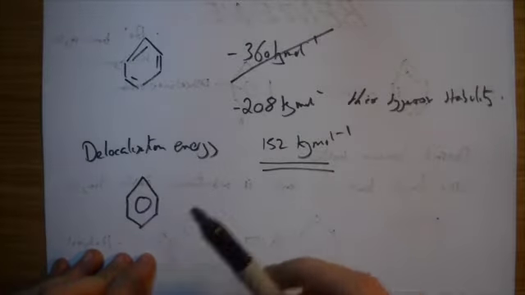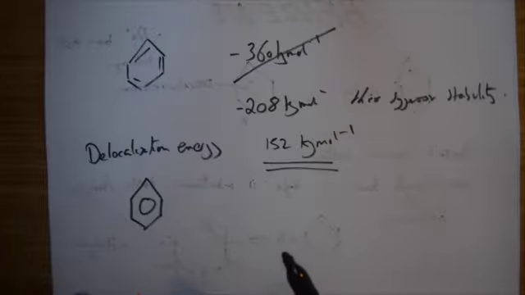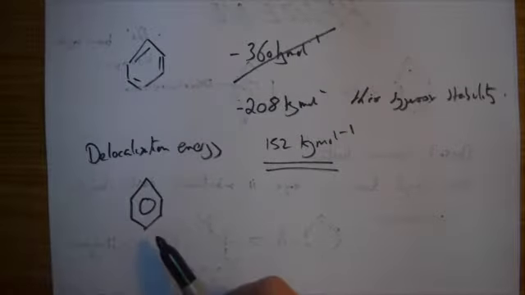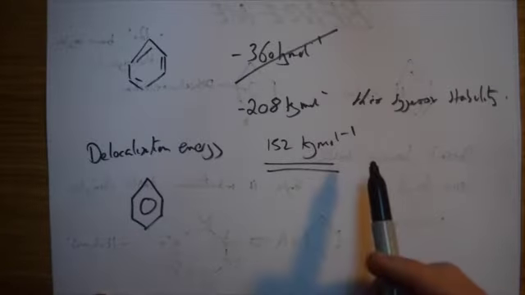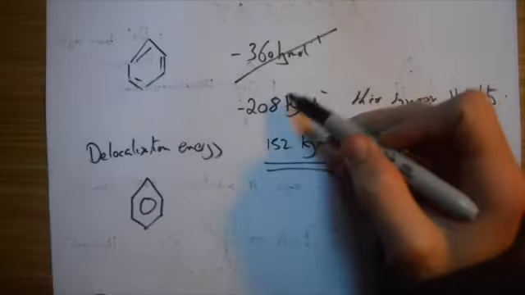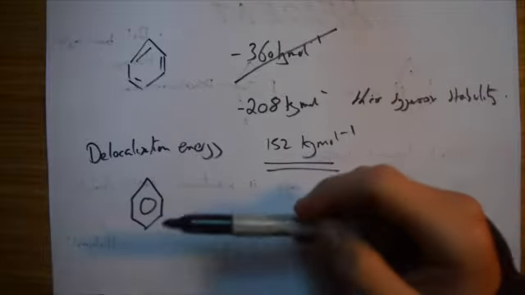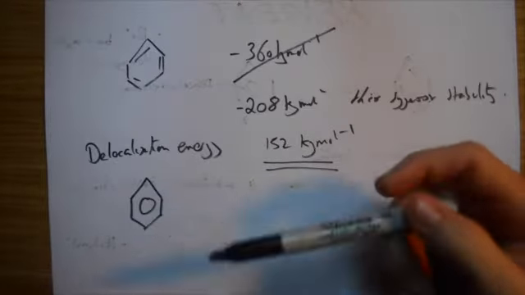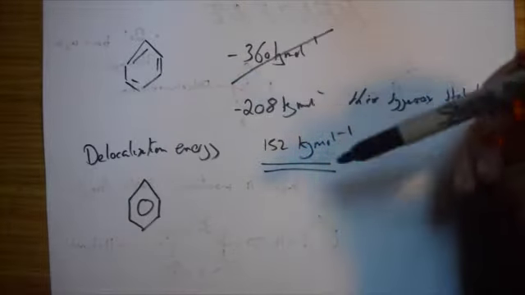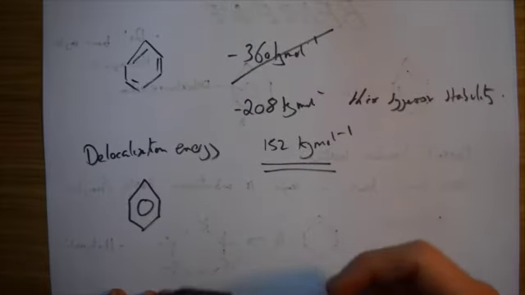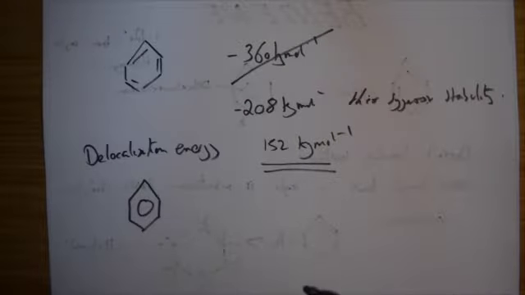This means it's more stable, so more energy is required to hydrogenate it, and so less energy overall is released. Less energy is released when you hydrogenate benzene than if you hydrogenated the Kekule structure, proving that benzene is more stable than expected.